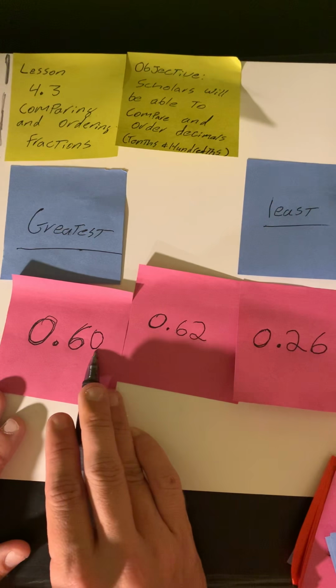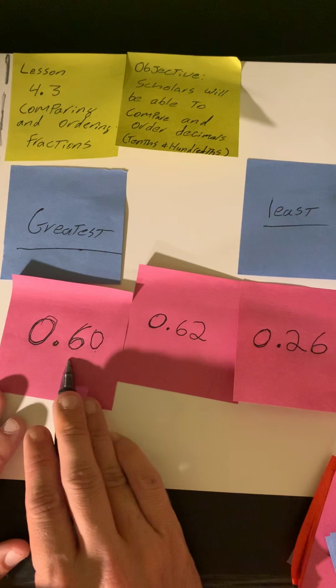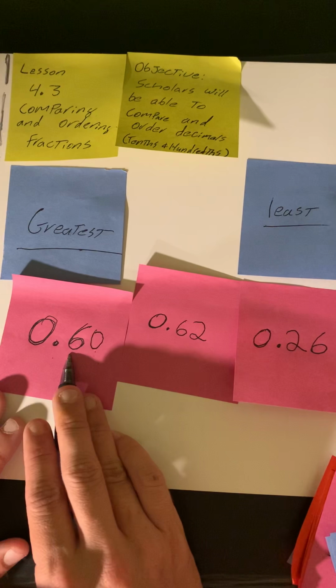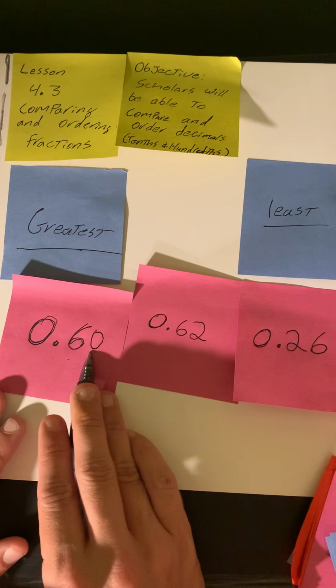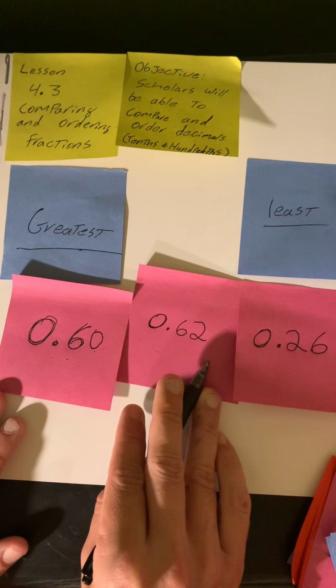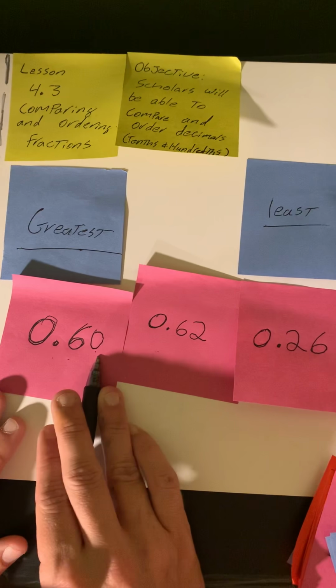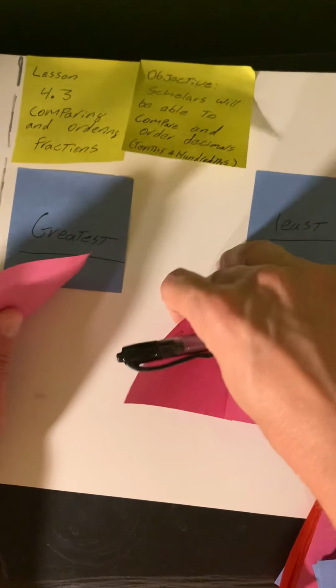So I can put in a placeholder 0 behind my 6 tenths. Okay? So now if I compare 60 hundredths and 62 hundredths, 62 would be greater than 60. So I can swap those around.